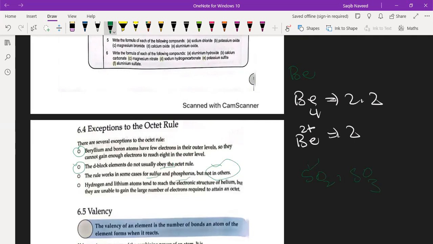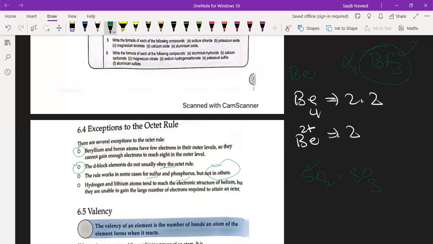For example, BF3 is a stable compound that does not follow the octet rule, but this compound exists. There are some compounds of sulfur and phosphorus which obey the octet rule and some which do not. I mean to say the octet rule is not a universal rule that each element or compound is going to obey, right?